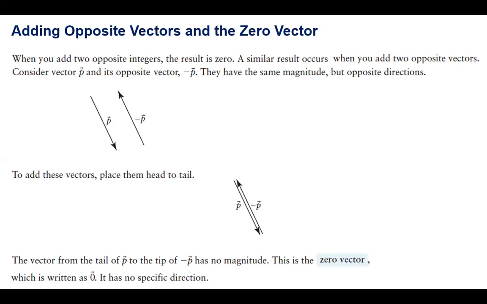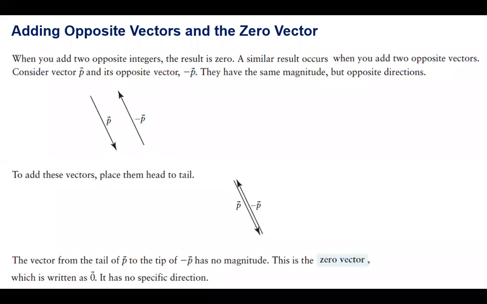So be careful with the difference between the scalar zero and vector zero. Vector zero is actually a vector, not a scalar. But this vector is so special that it can have any direction. It has no specific direction. And the magnitude of this vector is zero. You understand?